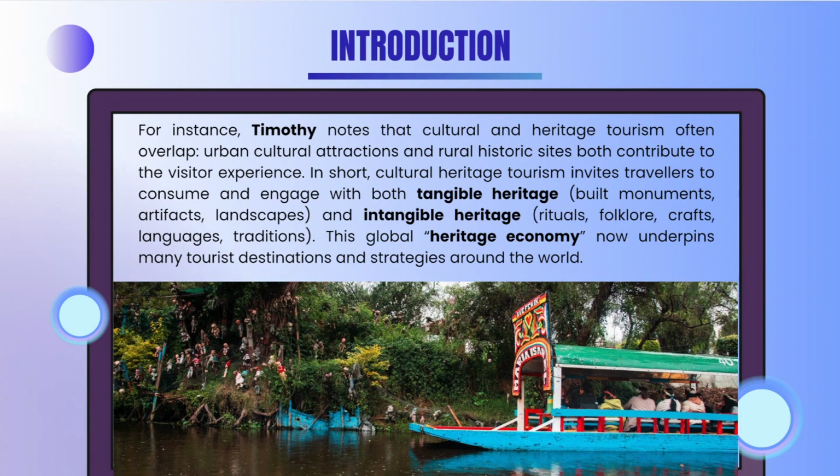In short, cultural heritage tourism invites travelers to consume and engage with both tangible heritage like built monuments, artifacts, landscapes, and intangible heritage like rituals, folklore, crafts, languages, traditions. This global heritage economy now underpins many tourist destinations and strategies around the world.